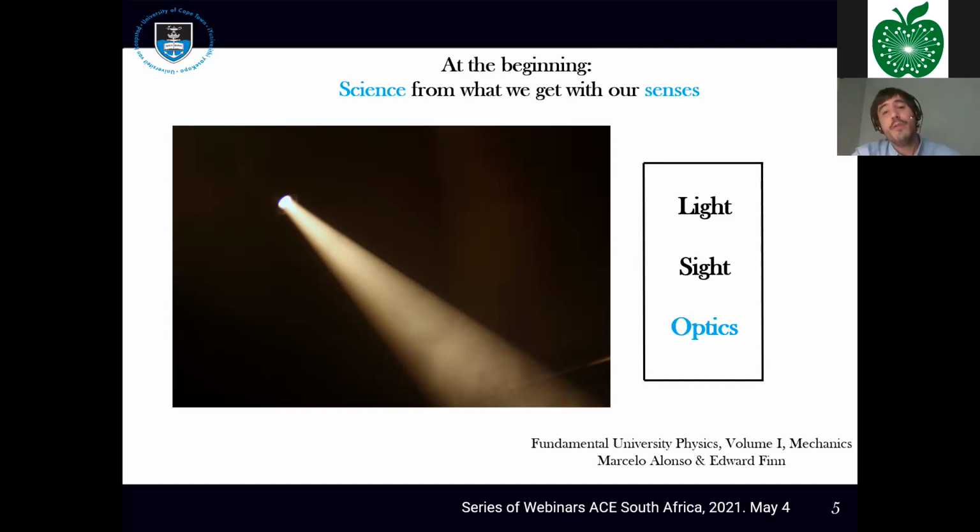So, for example, through sight, we could interact with light, and from this interaction and all the knowledge collected from it, optics was developed.